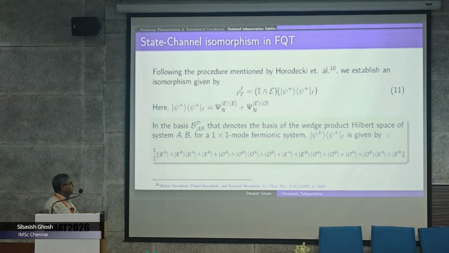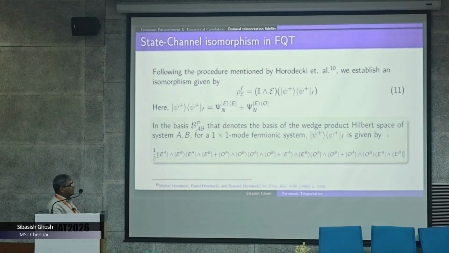Okay. Right. So that gives rise to, because you have this state, you can figure out also the corresponding channel, this E, which is by the Choi-Jamiołkowski isomorphism, which works on this maximally entangled fermionic state. Okay. So this is the state that we are talking about.